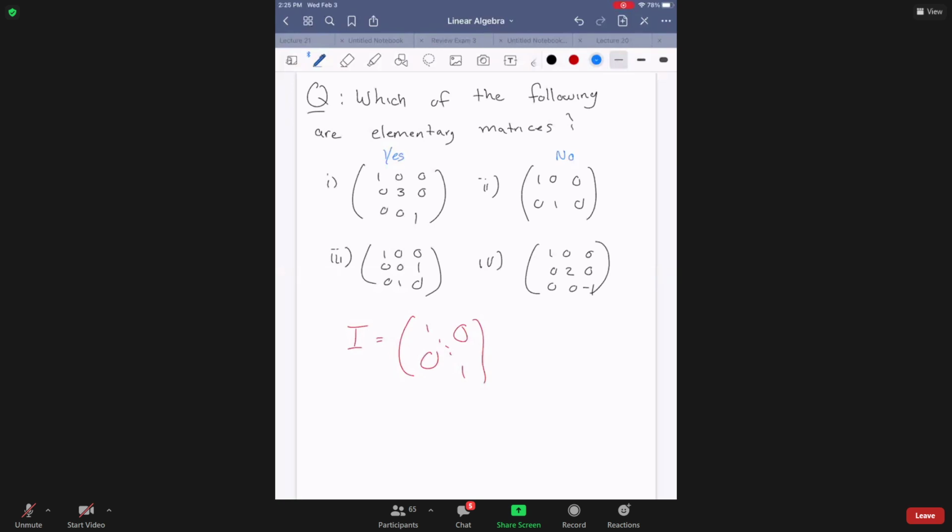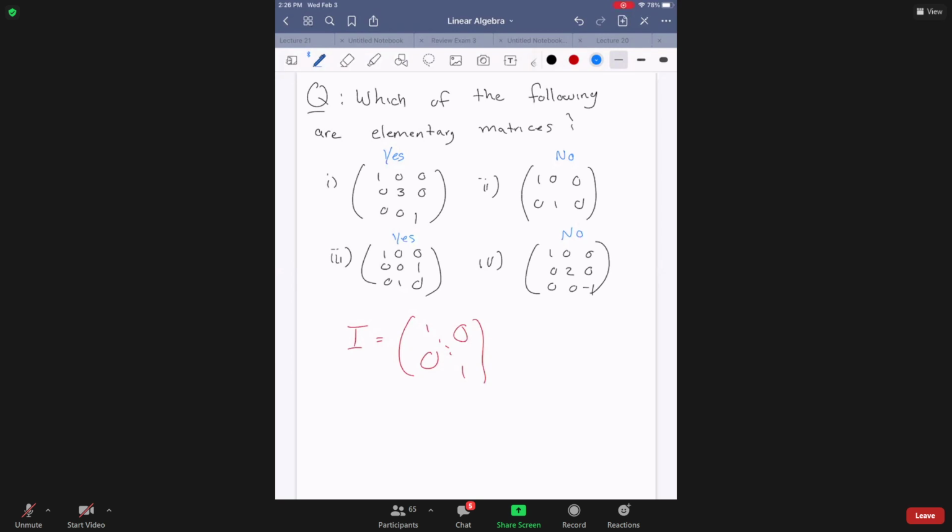What about that third one? Yes, because all I have to do is interchange the second and third row from the identity matrix. What about number 4? No, right? Because I can make the identity matrix look like this, but I'm going to have to do 2 operations.